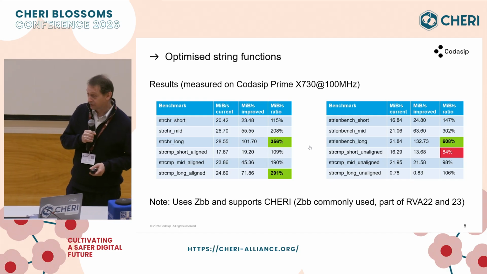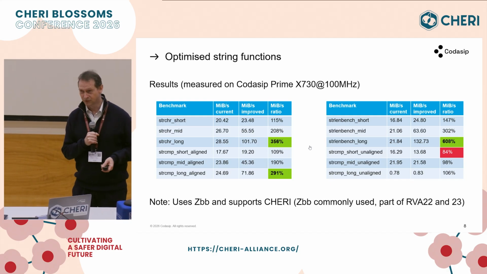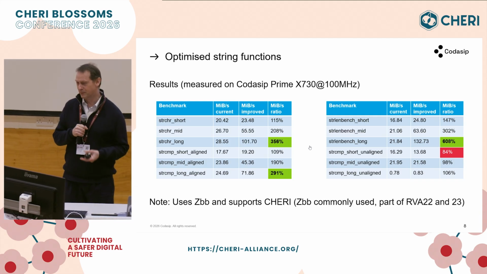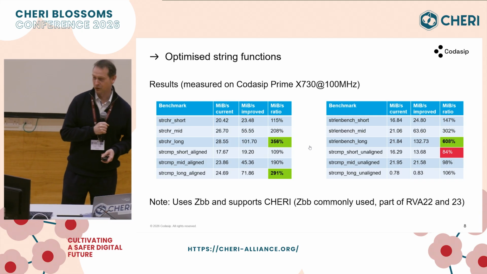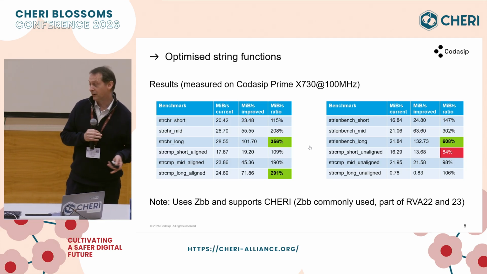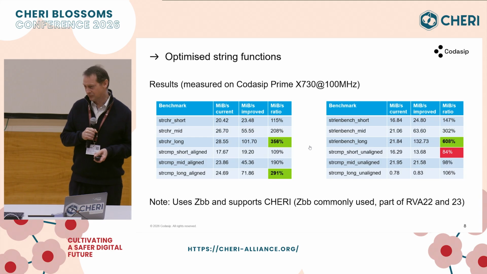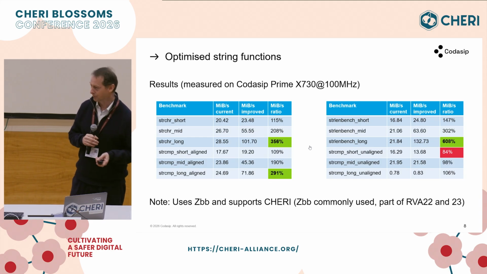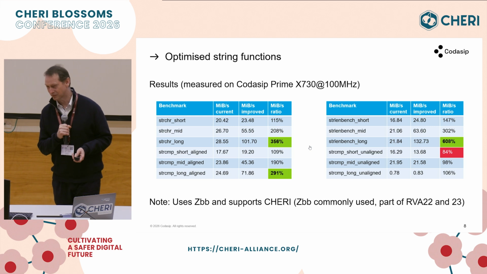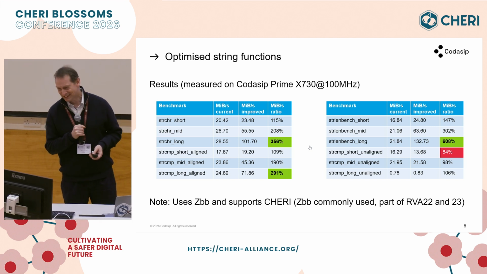We've also been looking at things like optimized string functions. Previously we'd looked at optimizing memcopy, memmove, memset. We've now gone on to the other string functions. Obviously in non-CHERI systems, there was already optimization. But for CHERI systems, we were effectively relying on byte loops, which were not very good.